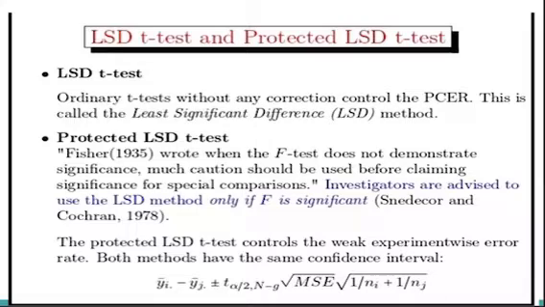Initially, it was the LSD t-test, but now Fisher in 1935 modified the conventional t-test in a way that it controls the weak experiment-wise error rate. And of course, this method should only be used when you already have a significant result.